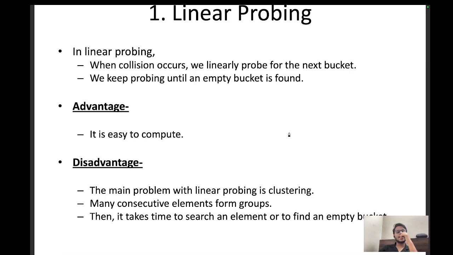This simply means that, for example, in the previous question which I took, with key mod 4, the problem there was that if we get two elements, 12 and 16, and both give a remainder of 0, then a collision happens and we do not have any fixed way to solve it.